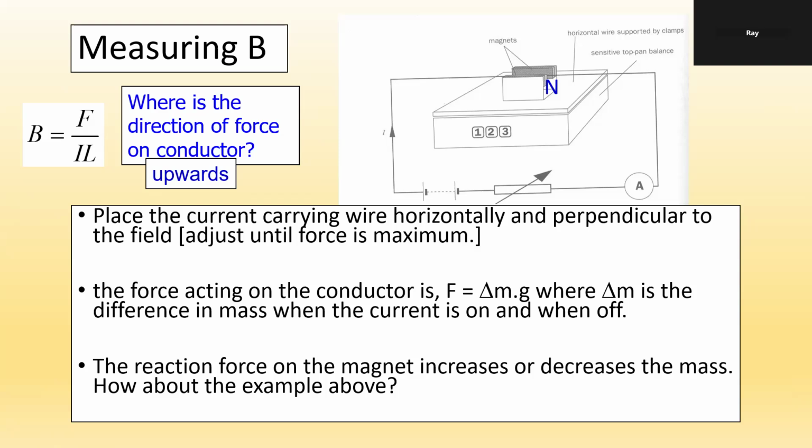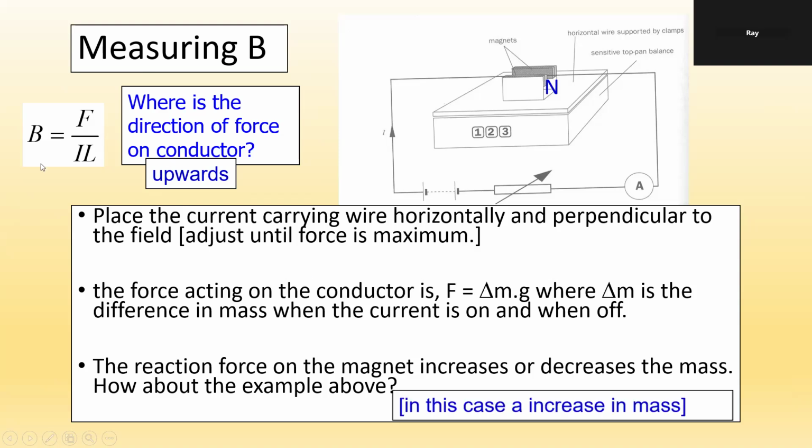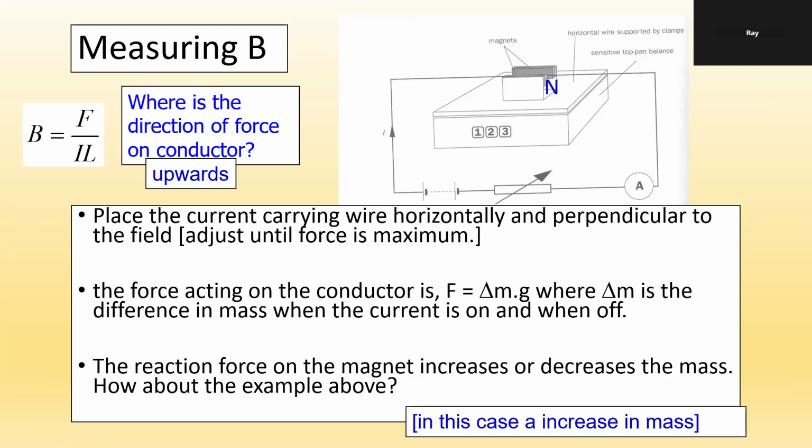Push me, I push you, that's the reaction force, action and reaction. The force on the wire is upwards, so the reaction force on the magnet is downwards. So there is an increase in mass.